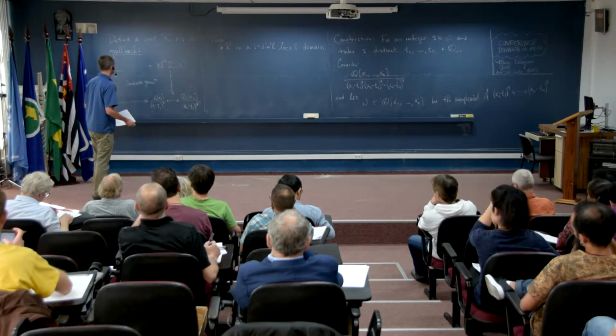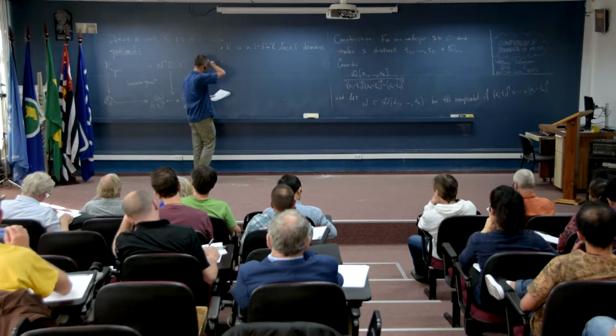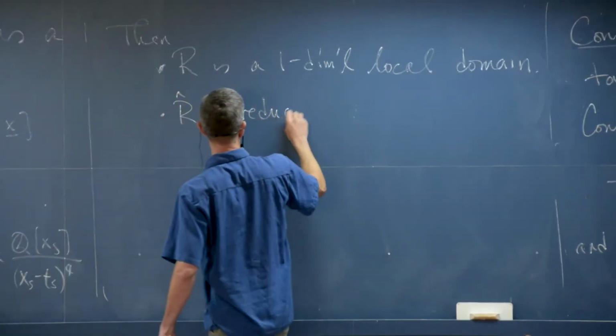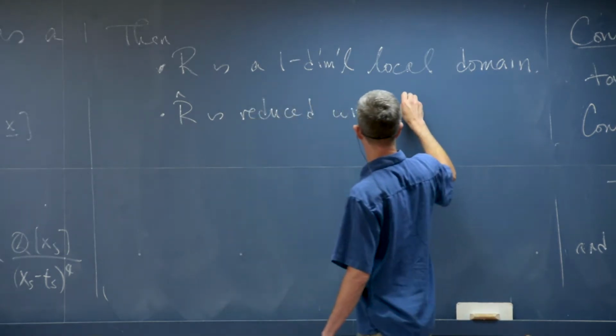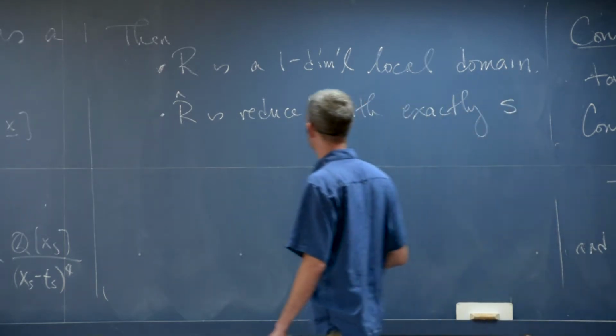We won't need all of this. I'm just going to point out the facts that we do need. So R is a one-dimensional local domain. R hat is reduced and has exactly S minimal primes.